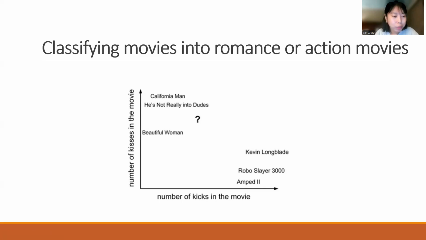Now you find a movie you haven't seen yet and want to know if it's a romance movie or an action movie. We don't know its type, but we can find out how many kicks and kisses it has. We just plotted it as a large question mark along with the other movies in this figure too.